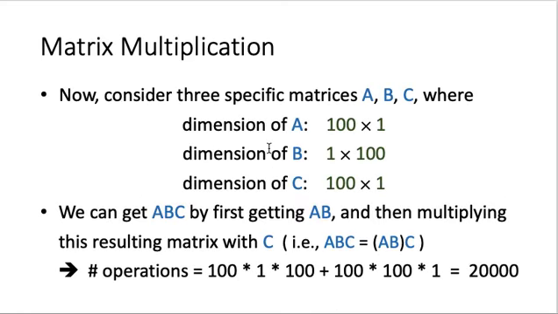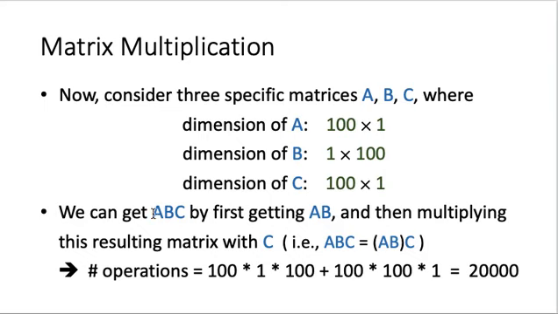Okay, now let us extend matrix multiplication to get the product of three matrices, A, B, C. Let's say the dimension of A is 100 times 1, dimension of B is 1 times 100, and dimension of C is 100 times 1.